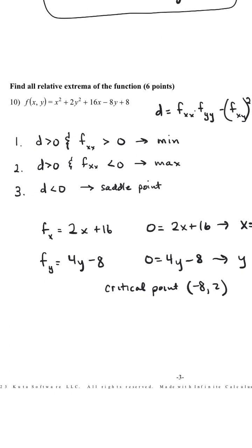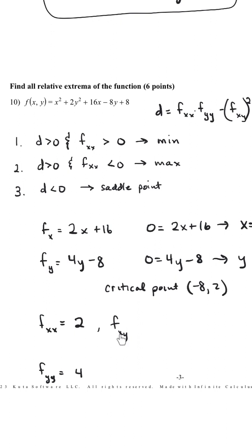Now we have to figure out the value of d. Before we do that, though, we need the second partial derivatives. If we do another partial derivative with respect to x, that's just going to be 2. If we do another partial derivative with respect to y, it's going to be 4. And then we also need the mixed partial derivative.